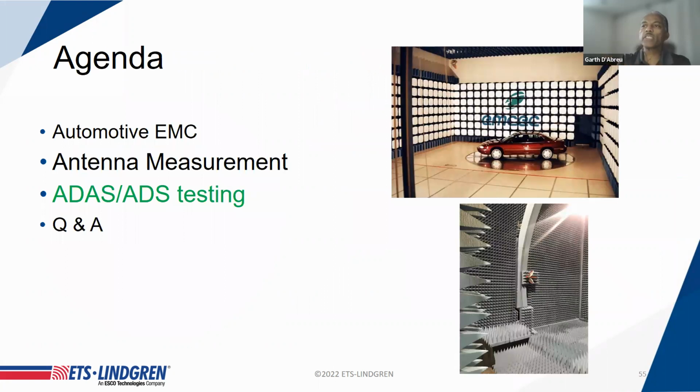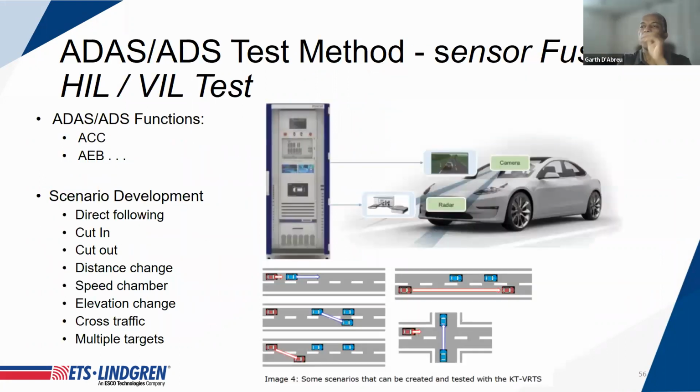And again, it's very similar when we start looking at the advanced driver systems. Again, there are many methods that are being used, some actual measurements, some simulated, some a combination of the two. And there are several companies that are in the business of providing a lot of these simulated environments. This is one example of a company that provides a video and radar target simulator.